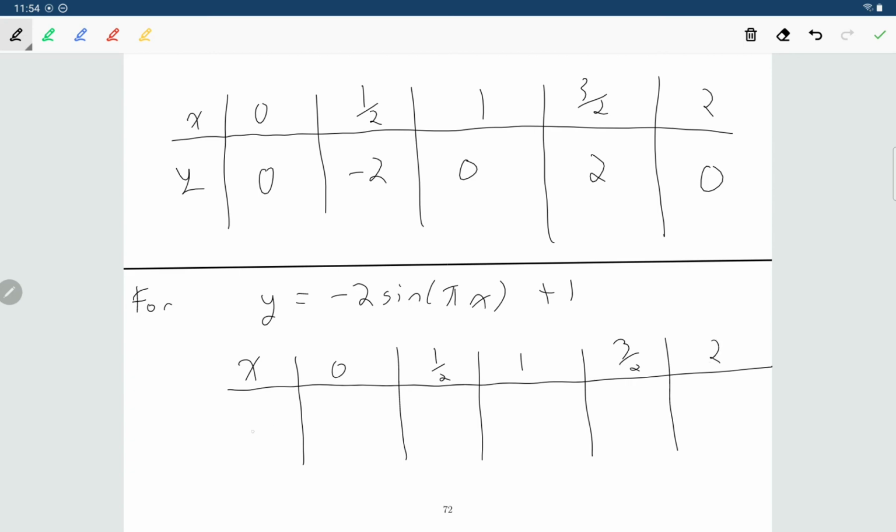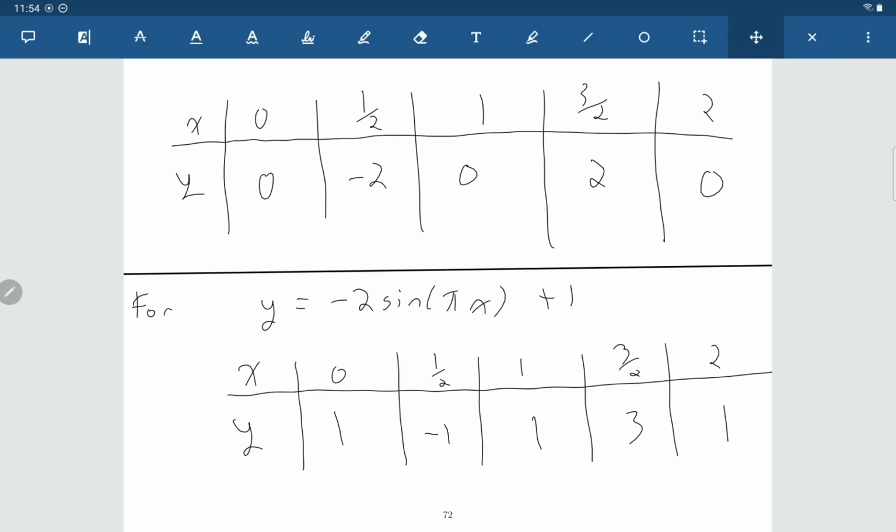And there we go. Our y values should be 1, negative 1, 1, 3, and 1. So those are the plot points that I'm going to plot. And then once I've plotted those points, I'll be able to connect the dots to come up with one cycle. And then I just repeat that to come up with my second cycle. And then life is good.